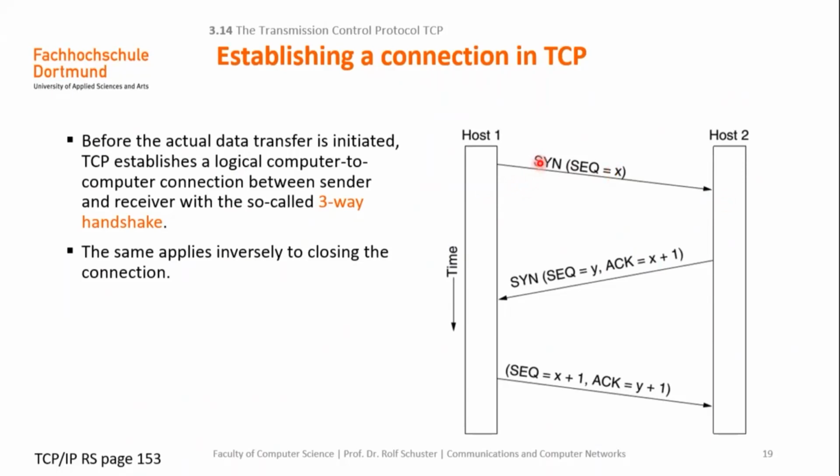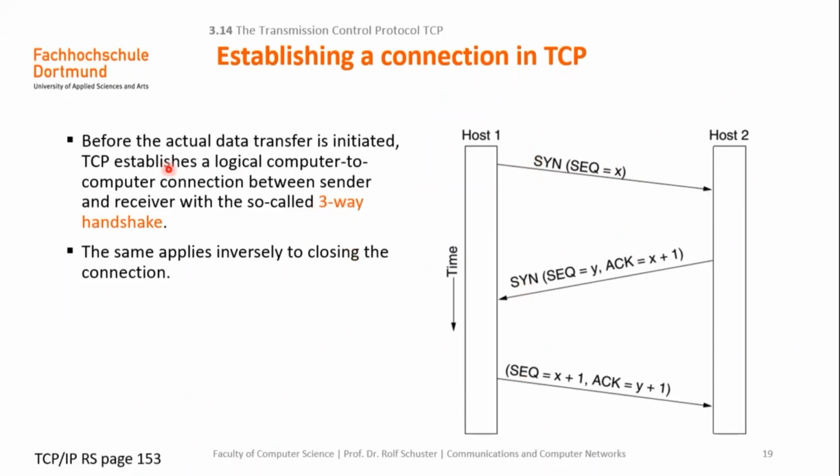And in order to synchronize those state machines, we need to establish the logical connection. The logical connection is established by exchanging 3 segments. That's why we call this the three-way handshake.